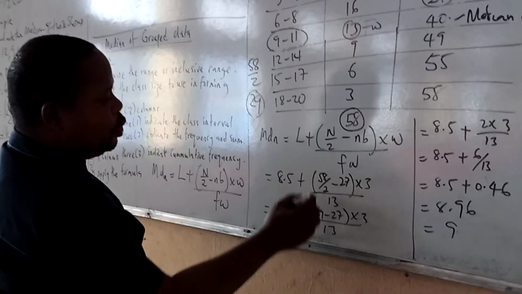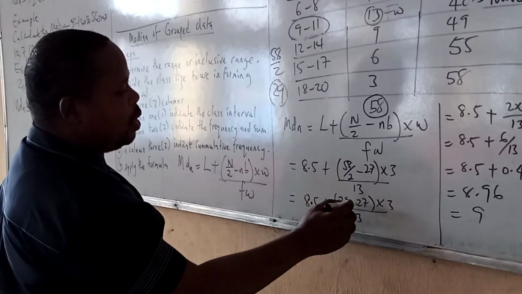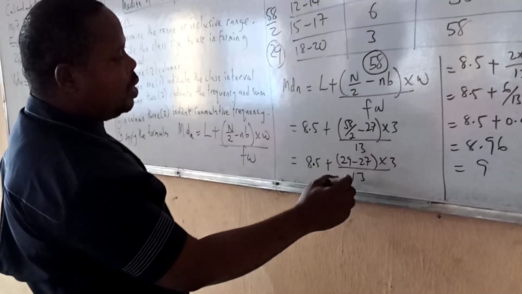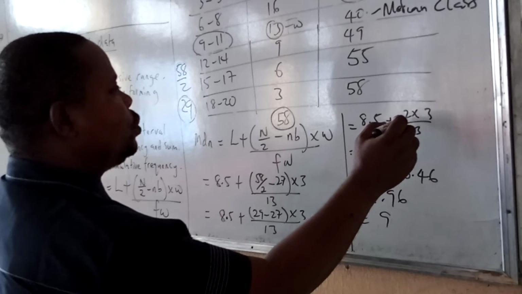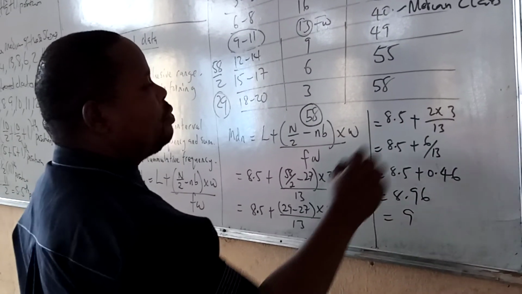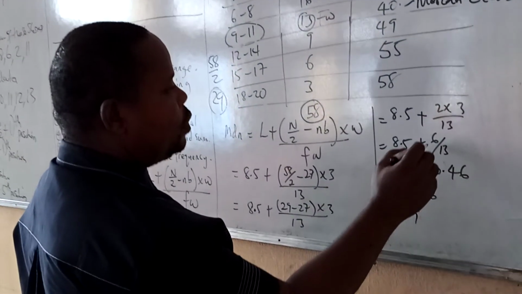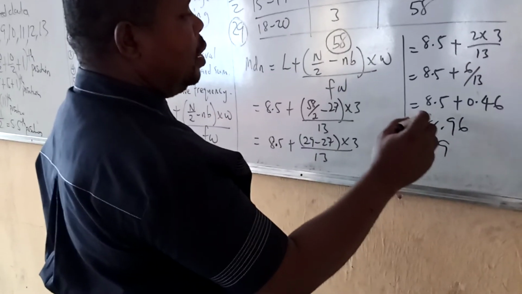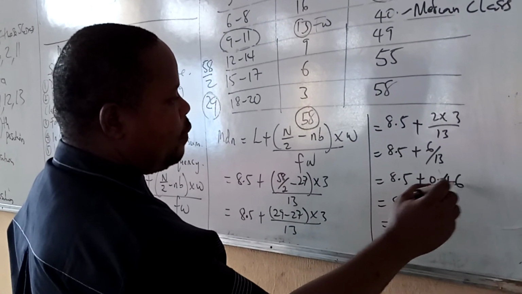8.5 plus 58 divided by 2, which gives you 29, minus 27, times 3, all over 13. Then we have 8.5 plus 29 minus 27, which gives you 2, times 3, all over 13. Then 8.5 plus 6 over 13. 6 divided by 13 will give you 0.46.